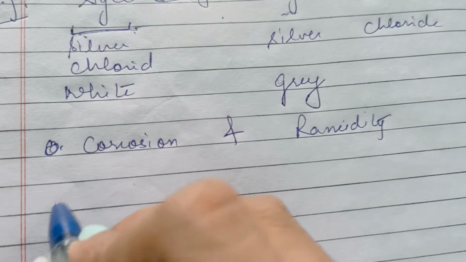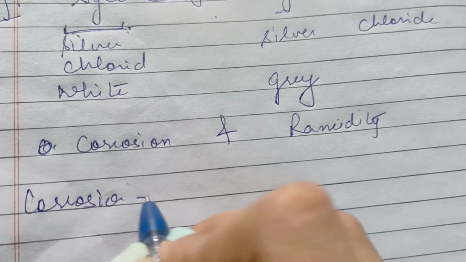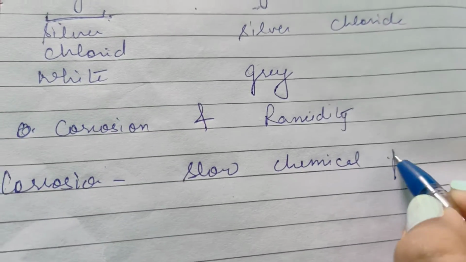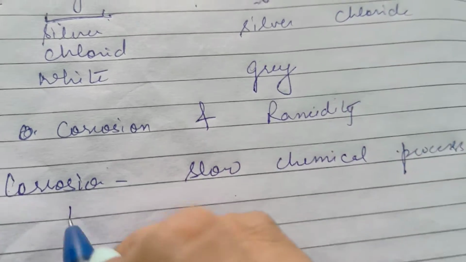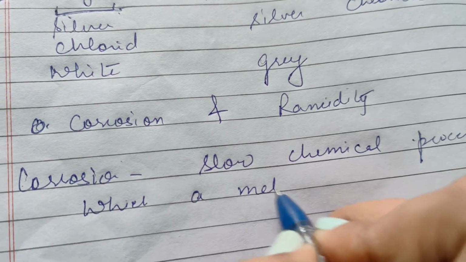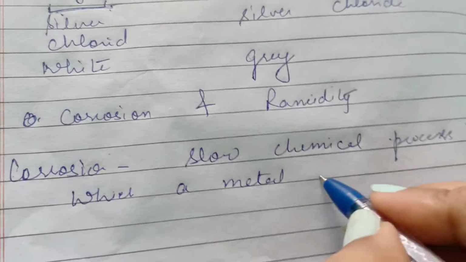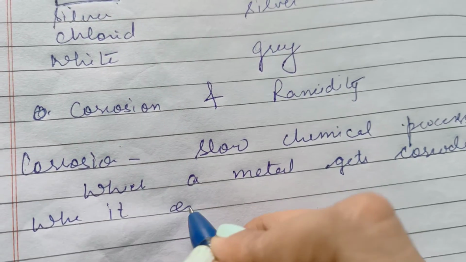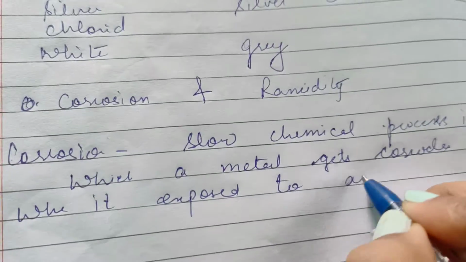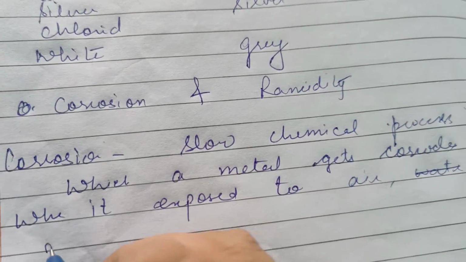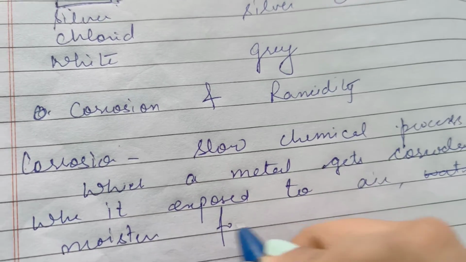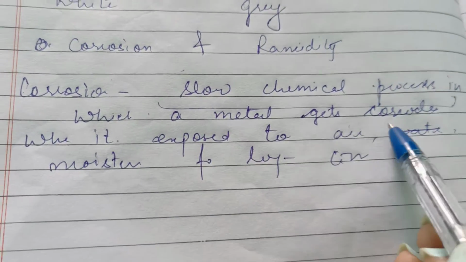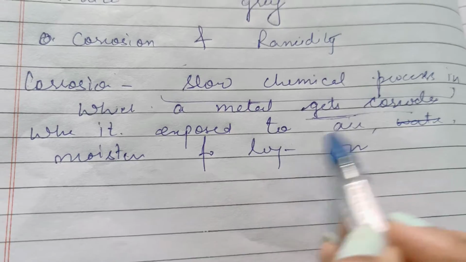Corrosion. What is corrosion? Corrosion is a slow chemical process in which a metal gets corroded when it is exposed to air, water or moisture for a long time. It will get corroded if it is exposed to air or moisture.